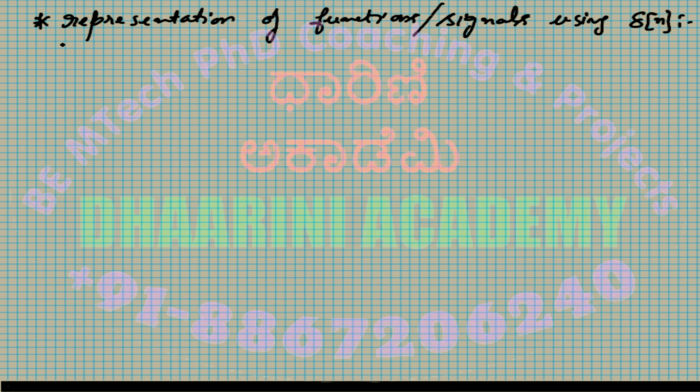How can I represent any given function or signal in the form of a delta?